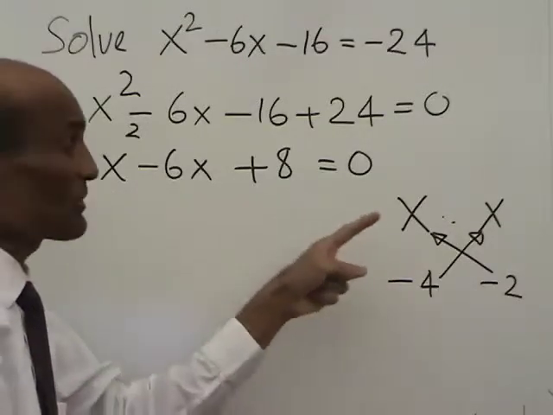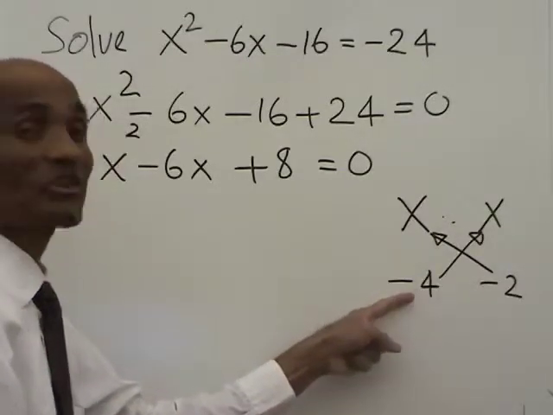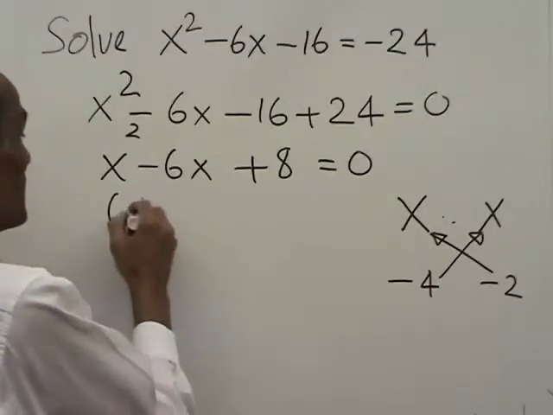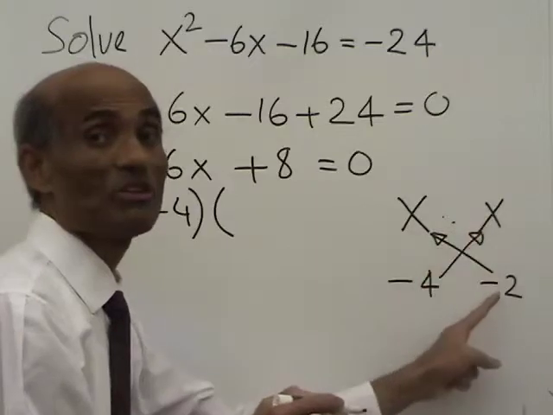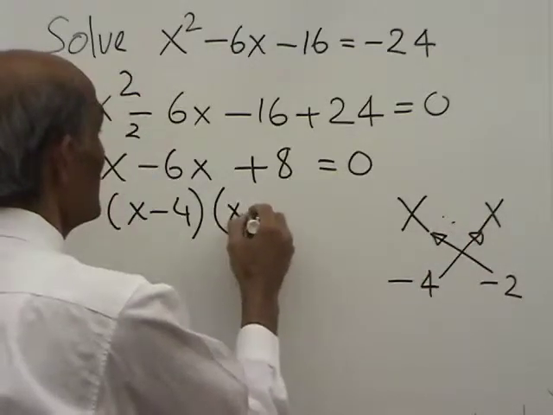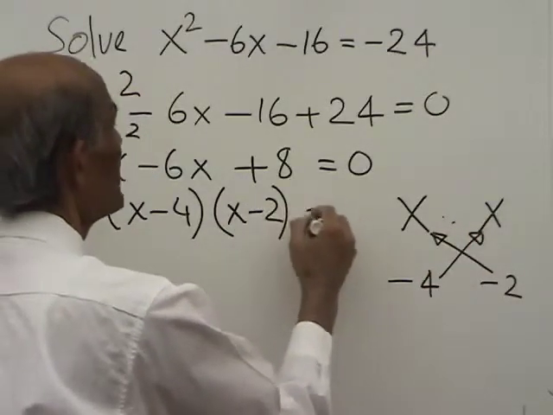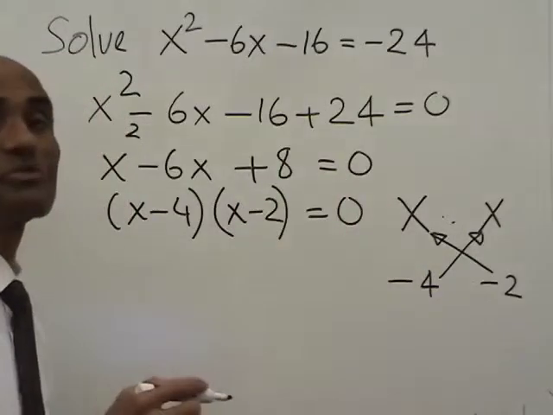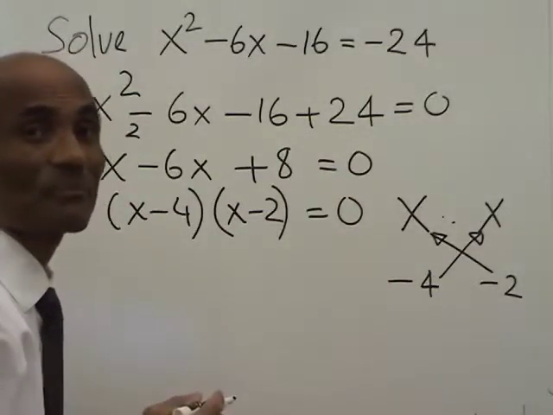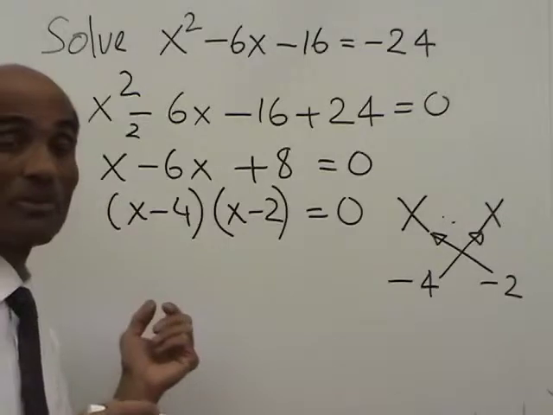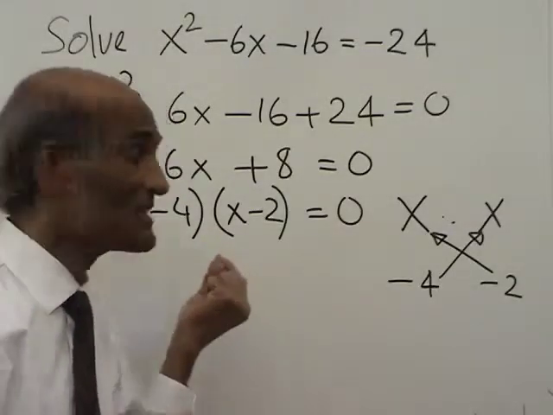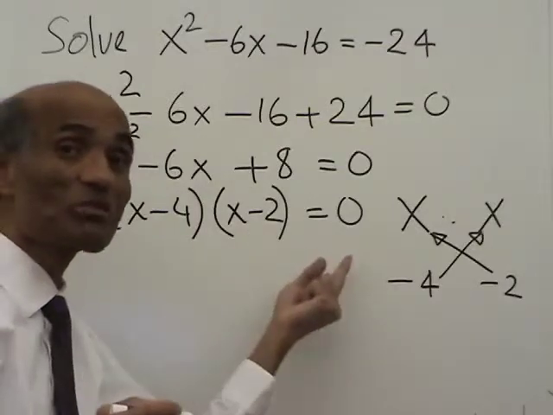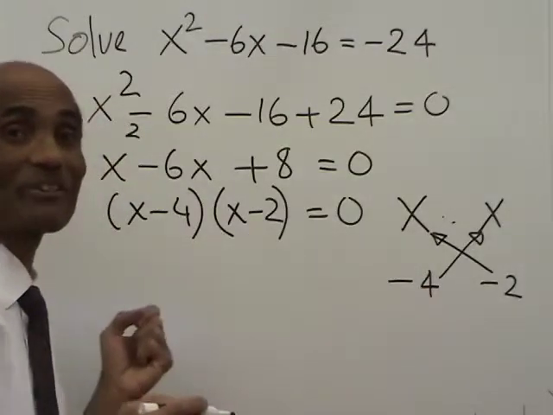So what are the factors? The first factor is x minus 4, times the second factor, x minus 2. So x minus 4 times x minus 2 equal to 0. And now what's the next step? We use the zero factor property. Set each factor to 0 and solve for x.